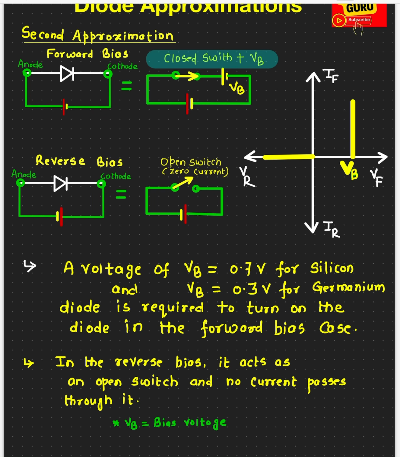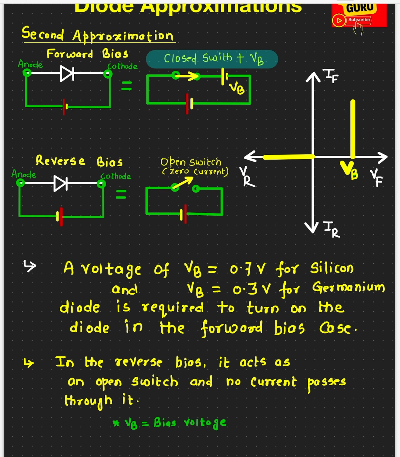That means there will be no current in the circuit. Now if you look at the graph here, before the bias voltage there was no current in the circuit, and as soon as the voltage across the diode reaches the bias voltage, there is a huge surge of current in the circuit.